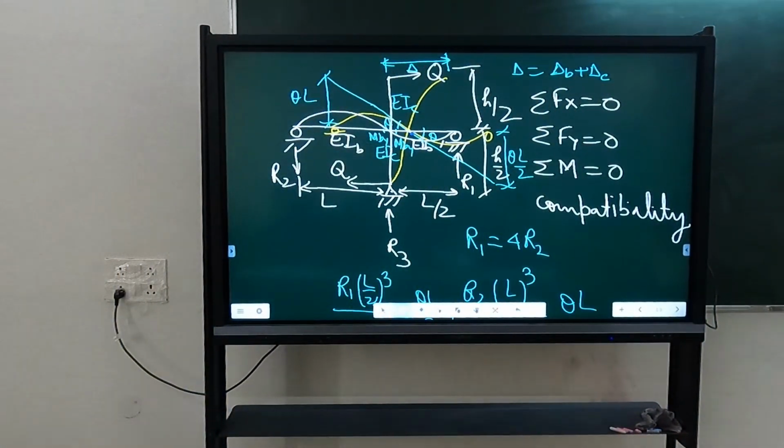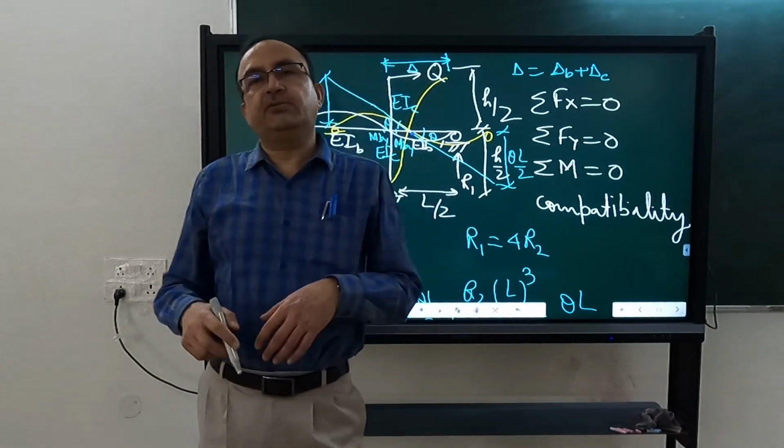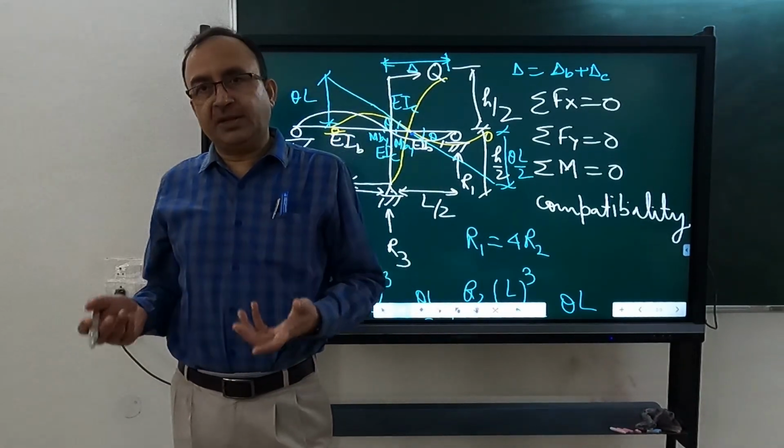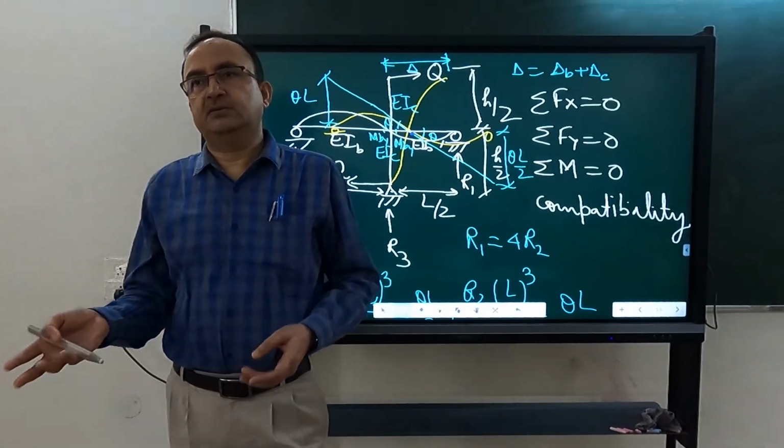How will you know where the first hinge will form? Demand to capacity, so calculate the demand to capacity ratio. If the DCR at this location and this location is the same, then both hinges will form simultaneously. If it is not the same, the hinge will form where the DCR is higher.